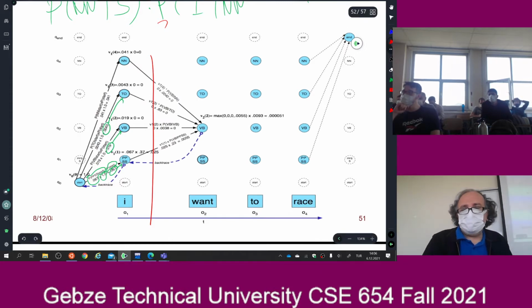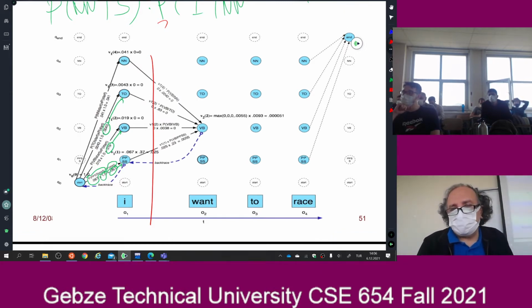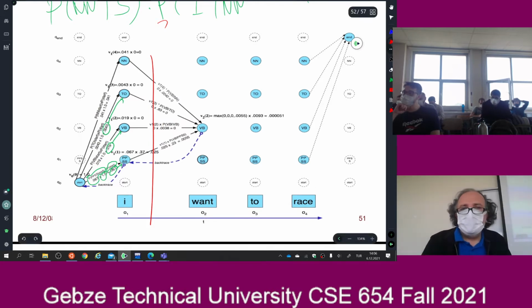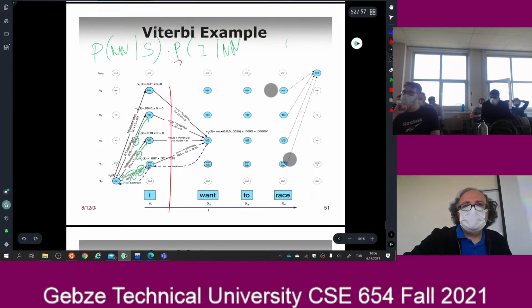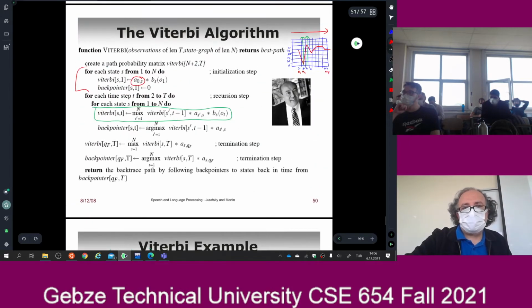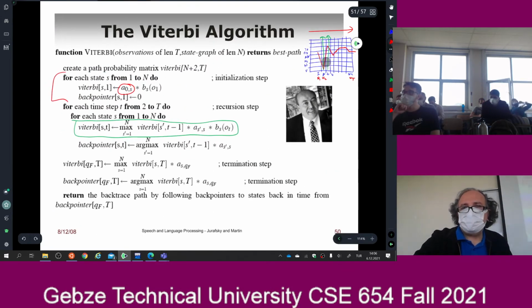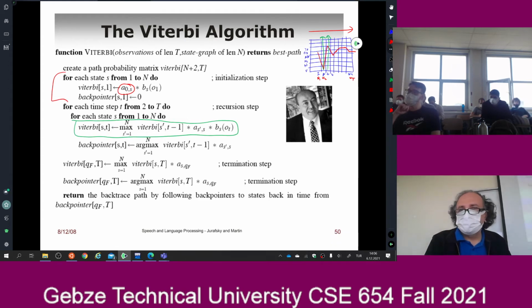At the end, when I come there, I know the largest probability of assignment, and if I keep these backtrace pointers, which words produced these maximum probabilities, then I can come up with the path that we are talking about. Okay, that's called the Viterbi algorithm. Again, of course they are very different problems, but the idea is very similar.